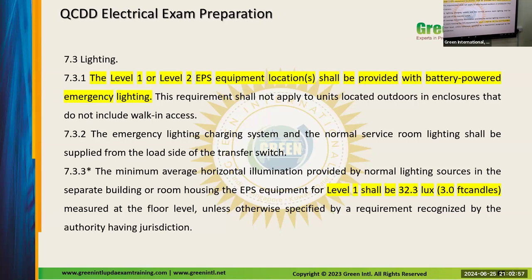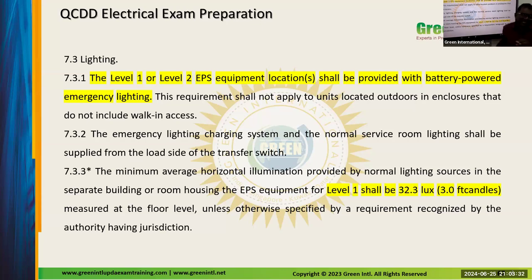So 1.5 is enough, but now you may have one doubt: in my exam, whether I select 1.5 or 3, which is correct? Irrespective of the generator room, if you have emergency backup in Qatar, by default we use 3 hours.